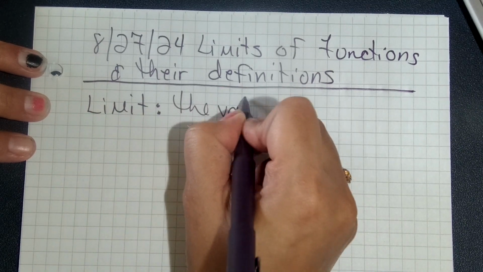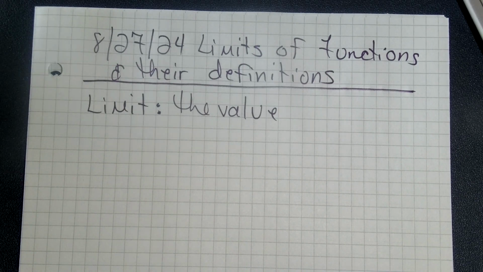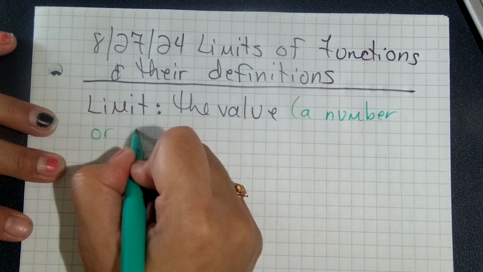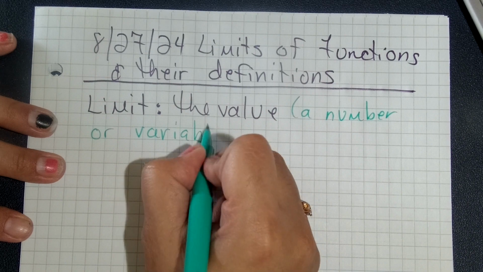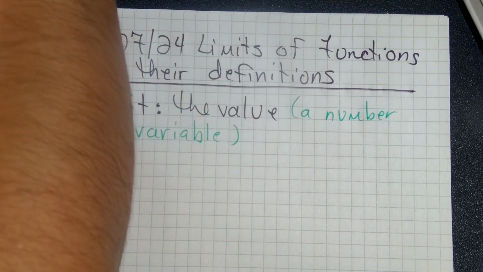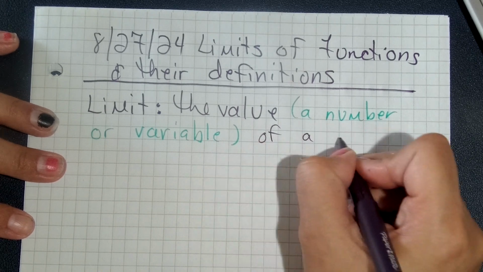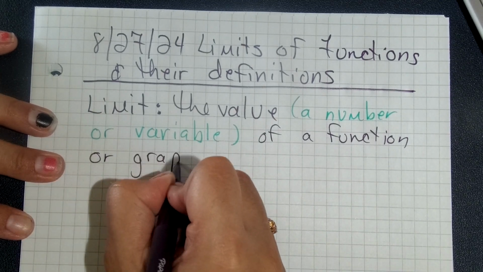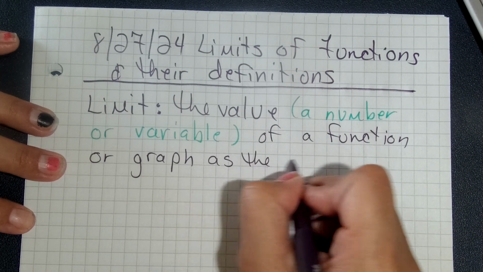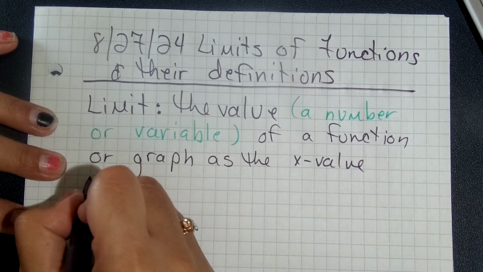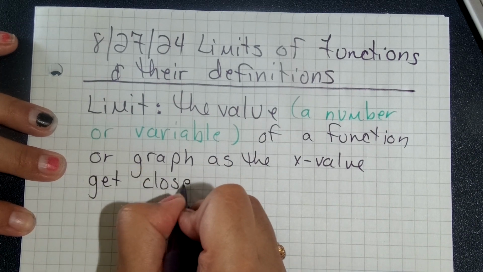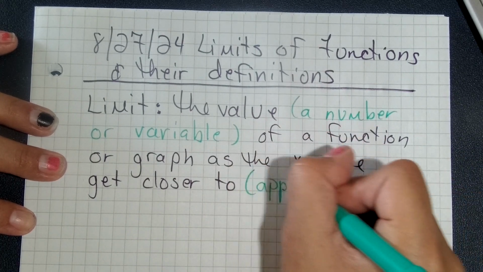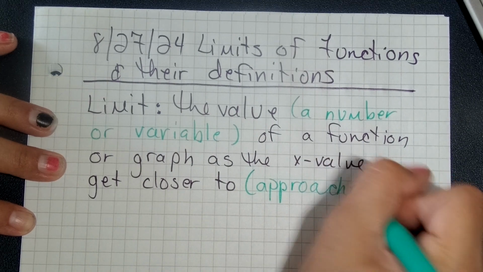The value, what that means in math terms, is a number or variable of a function or graph as the x value gets closer to, in math we say approaches, another number.